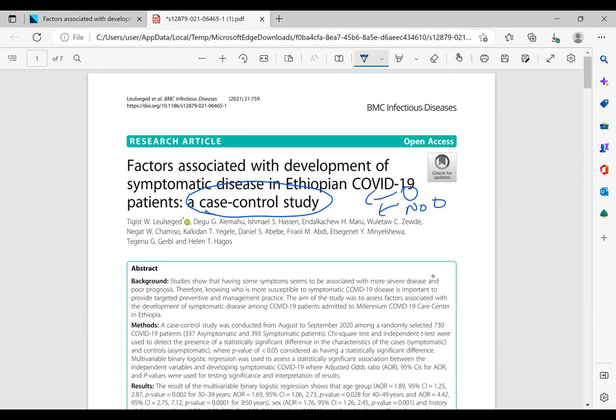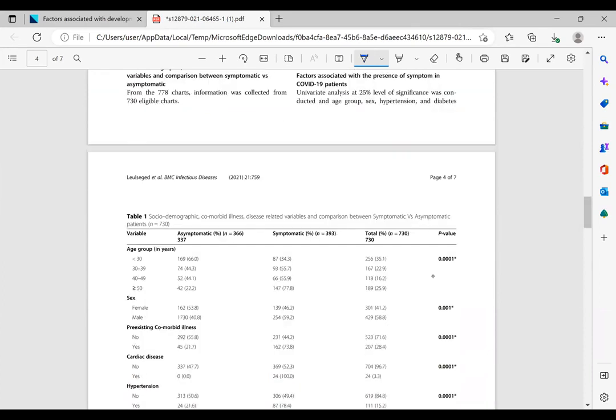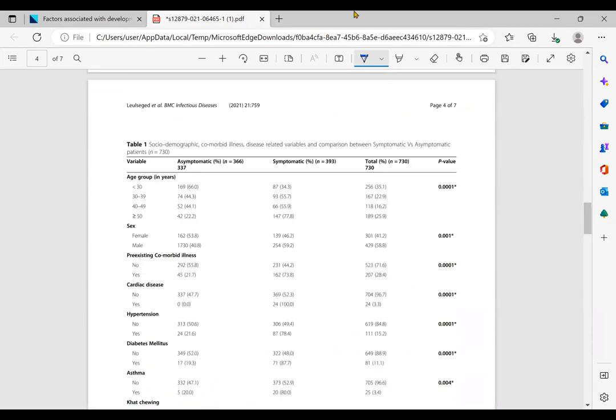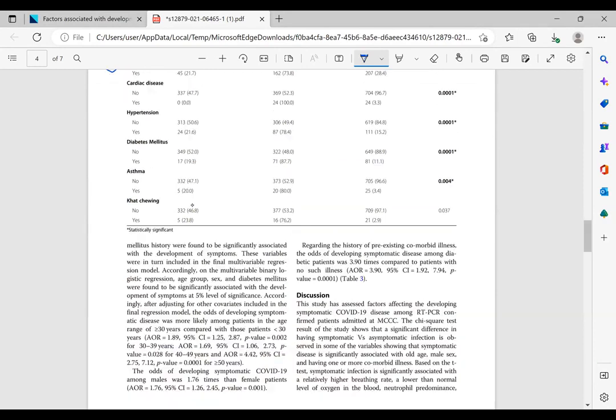With this type of study design, after doing the descriptive analysis, as you can see here, we're trying to describe our study participants based on their socio-demographic characteristics like age, gender, medical illness conditions, substance use history, and others, and their laboratory profiles.